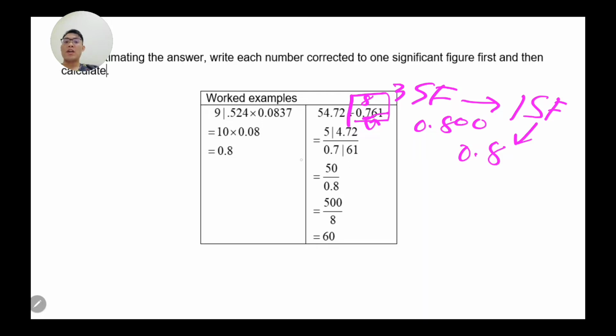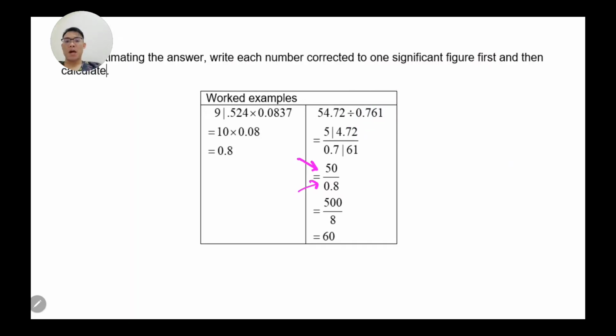Now, our given here is 50 and then 0.8. Let's divide it now. So 50 divided by 0.8. Remember that we can never divide two numbers if the divisor is a decimal. So you have to make your divisor into a whole number.